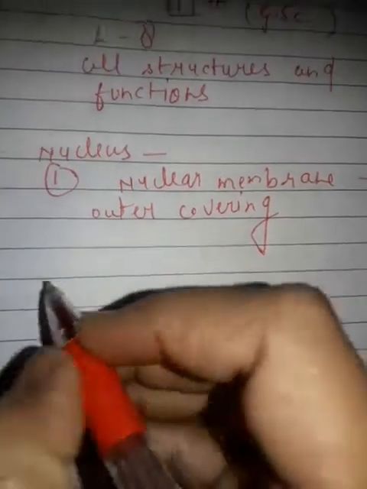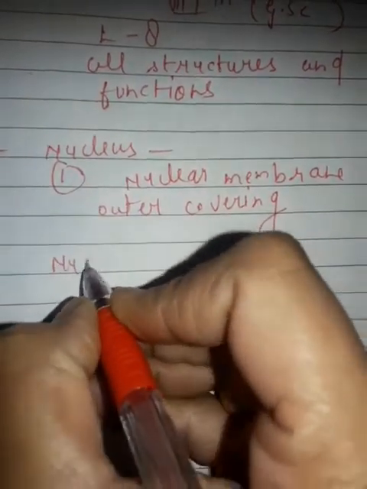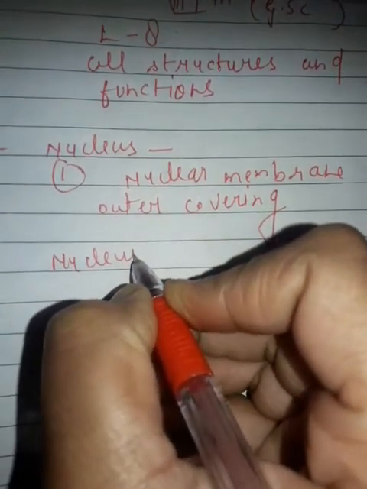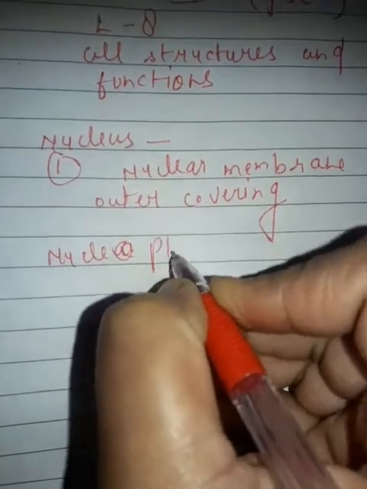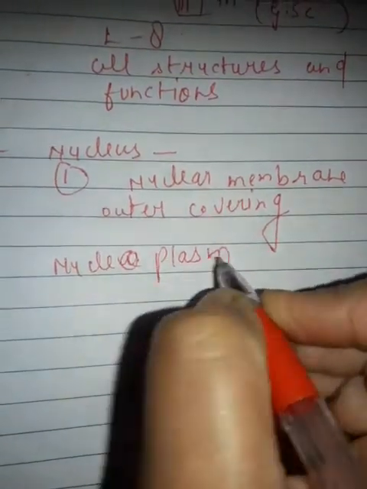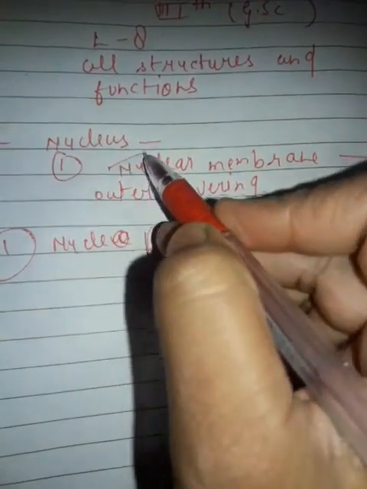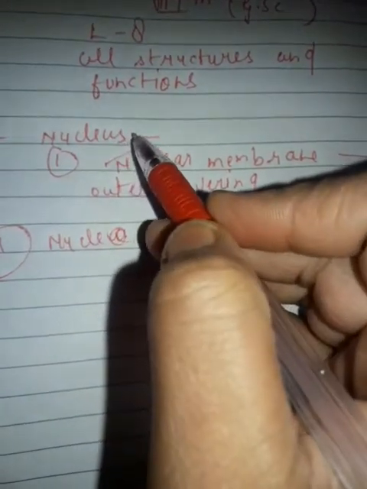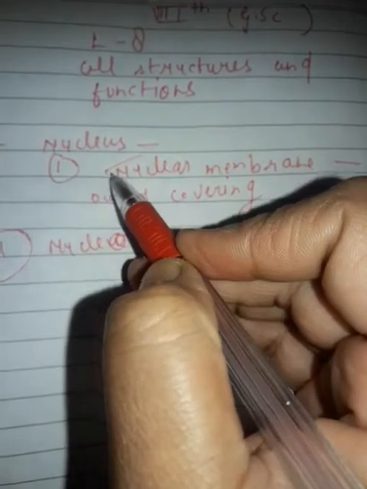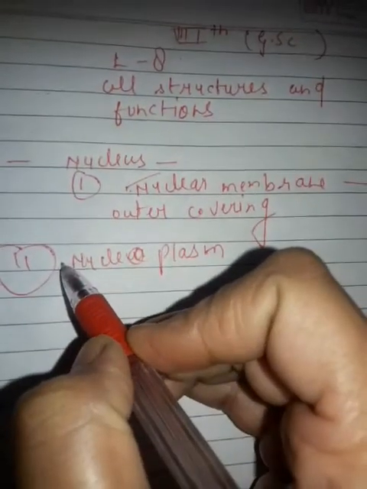Second one is the nucleoplasm. The nucleus consists of four parts. First one is the nuclear membrane, second one is the nucleoplasm.